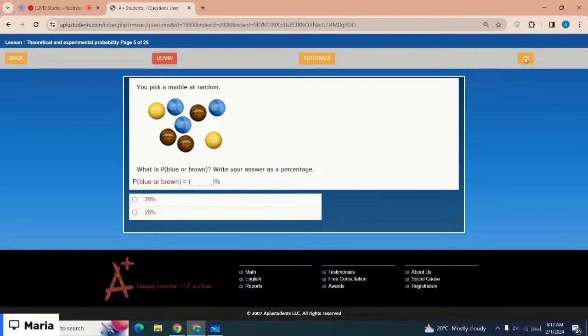So, six of them are blue or brown out of eight, right? So, you need to calculate the answer in percentage form. Yes, the correct option is 75% of them are blue or brown. The correct option is 75%. Got it?